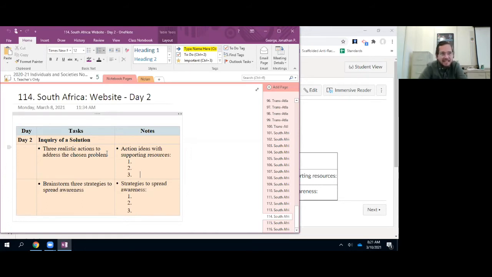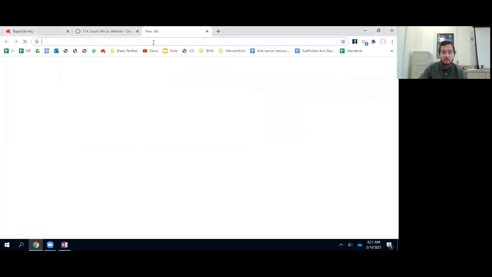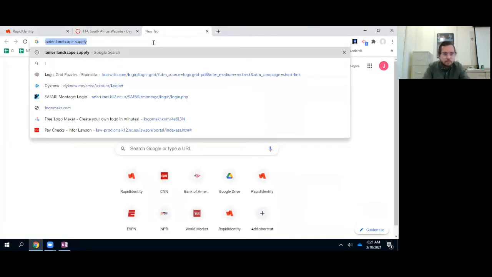And again, action ideas are things like policy changes in government, like making a law that states that there needs to be equal pay, making laws that protect the rights and the pay of individuals. I don't know exactly what that would be, but that's for you to figure out. So let's look. All right, so let's do this.